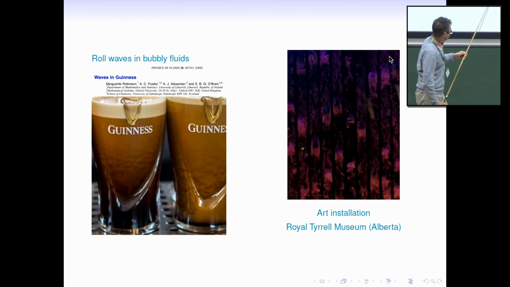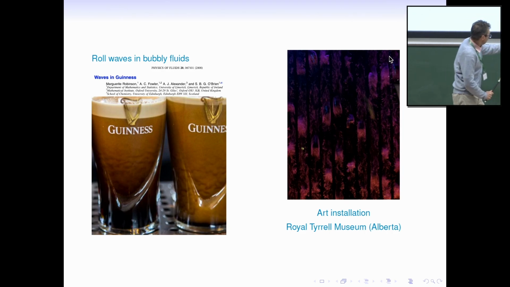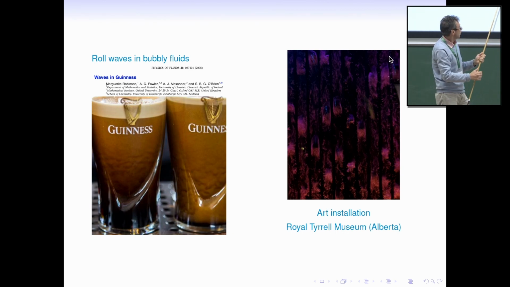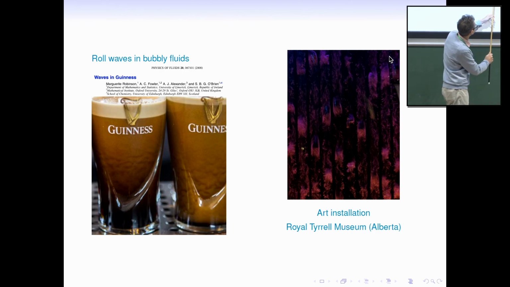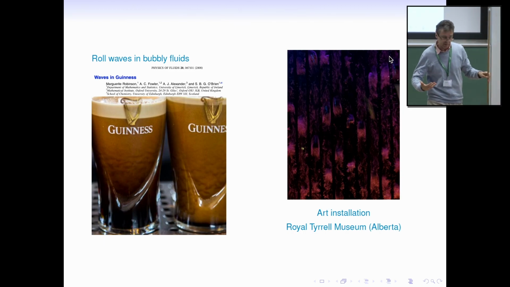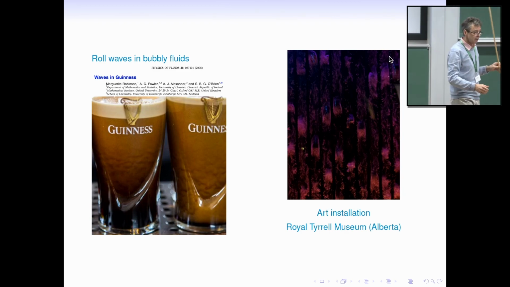This is a picture of an art installation that was in a Canadian museum. So you basically got a tank with divisions in it. There's a whole bunch of bubbles that are injected at the bottom, and they rise up these divisions in these gaps, and they form these slugs. So those have been likened to roll waves, and people have come up with equations just like those roll wave equations to describe them.